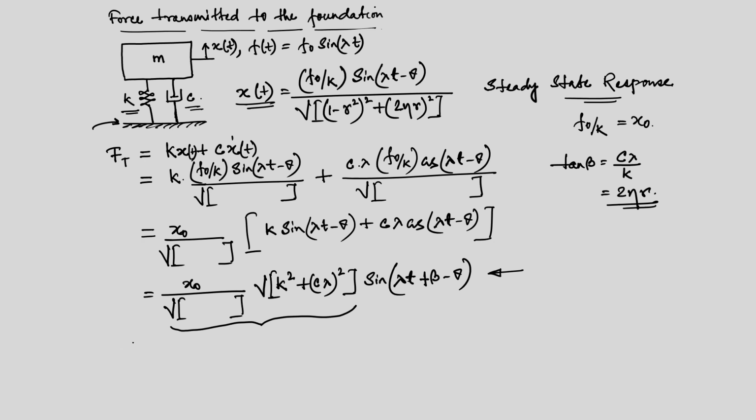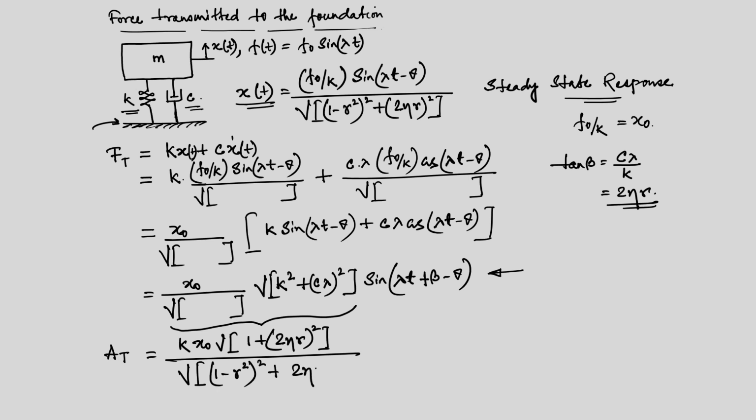Now, so if we write down the amplitude, so what we have x naught square root of this k square plus c lambda square, we can actually take this k out, then it will be 1 plus twice eta r whole square, and then we will have 1 minus r square whole square plus twice eta r whole square.